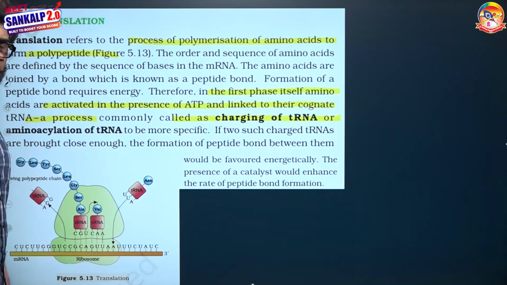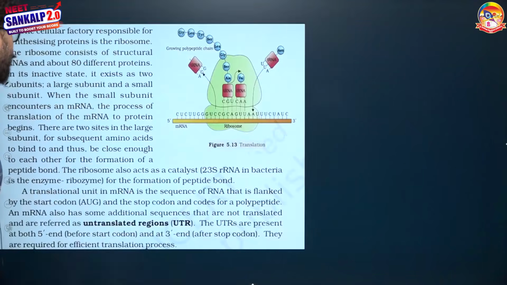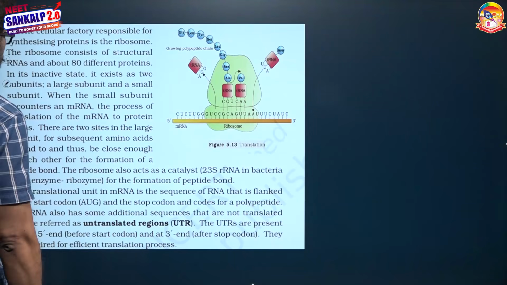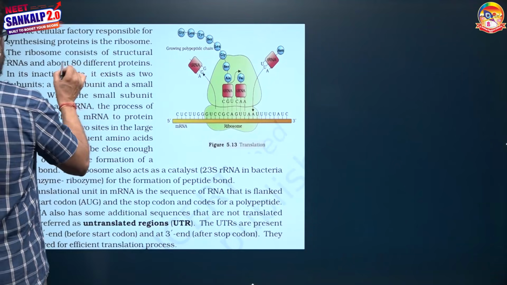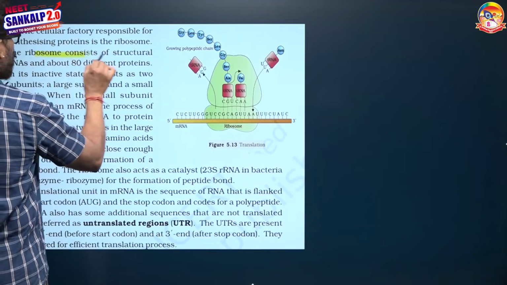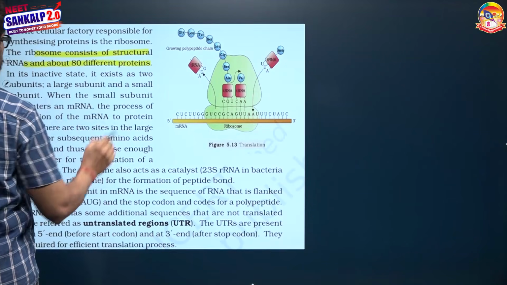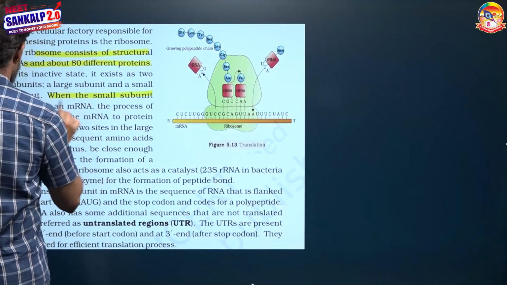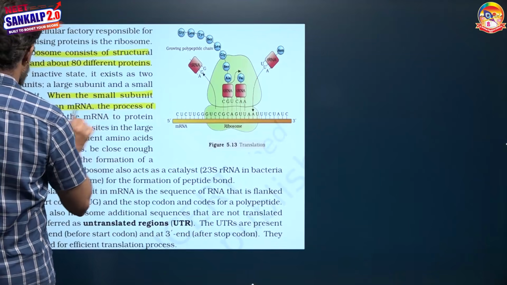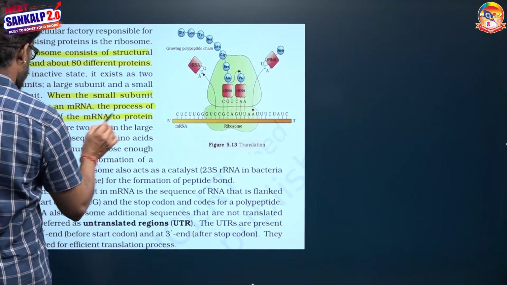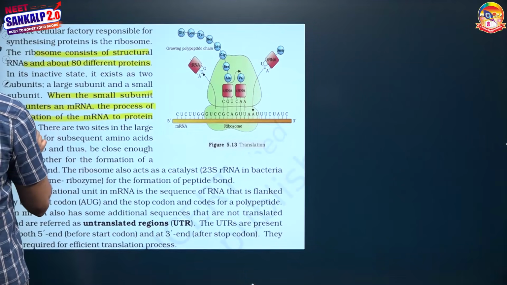These 28S and 23S ribosomal RNAs are ribozymes, and their technical name is peptidyl transferase. Ribosomes are made up of ribosomal RNA and 80 different types of proteins. When the small subunit encounters the messenger RNA, the process of translation of the messenger RNA to protein begins.